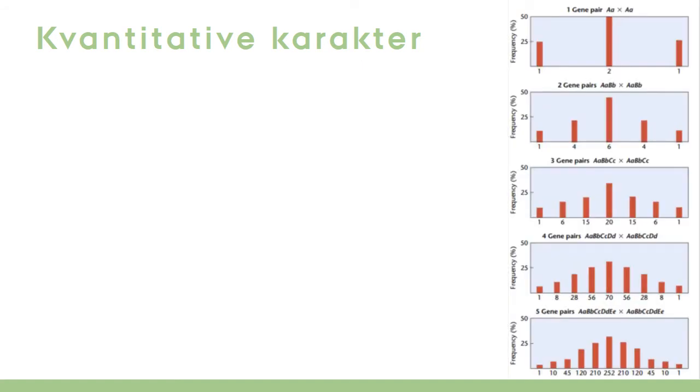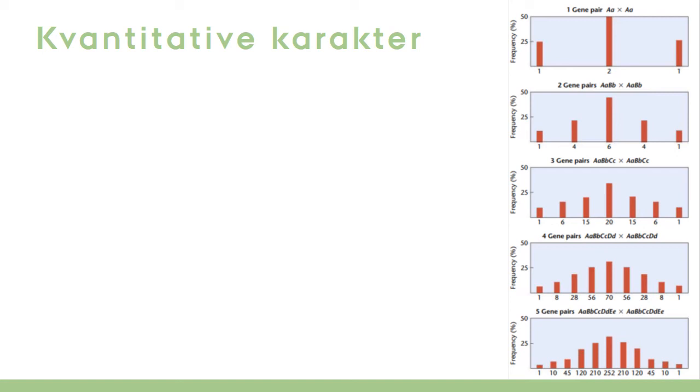Now the next slide shows this very nicely as well. What we see here on the right is a graphical image of the previous slide. On the top we have 1 gene followed by a scenario with 2 genes, and then 3 genes, 4 genes, 5 genes.